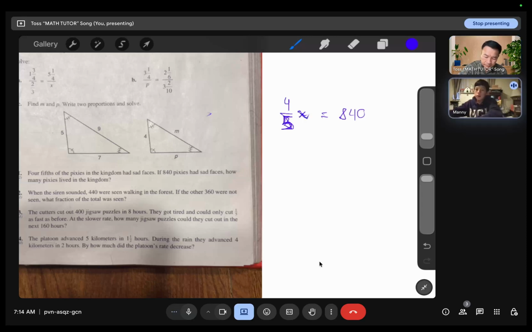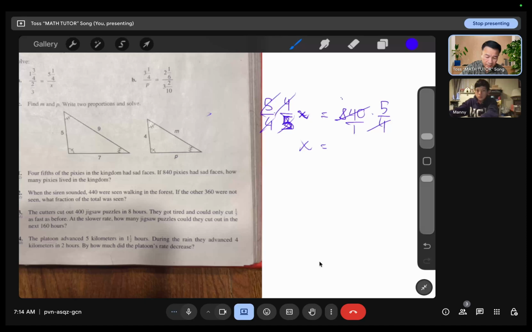Multiply by the reciprocal. Yes, so let's do that. Times 5/4. We can cross cancel here, right? It's perfect. They made it so that you can divide into it evenly.